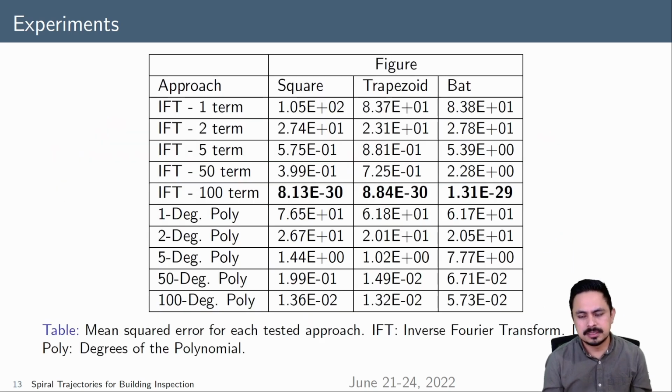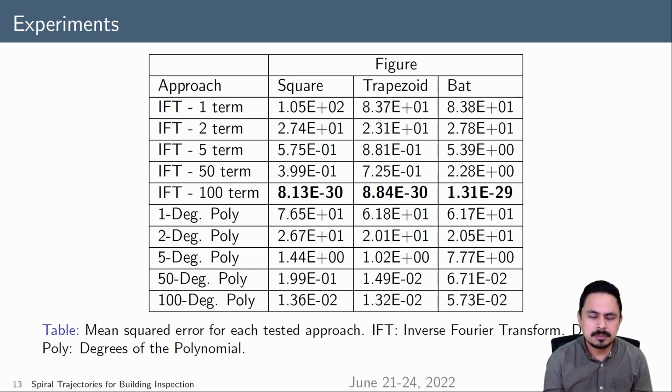To measure the performance of the fitting, we have computed the mean square error for each tested approach. So here we have the inverse Fourier transform and also the polynomial fitting. In the columns we can see the error for each figure.